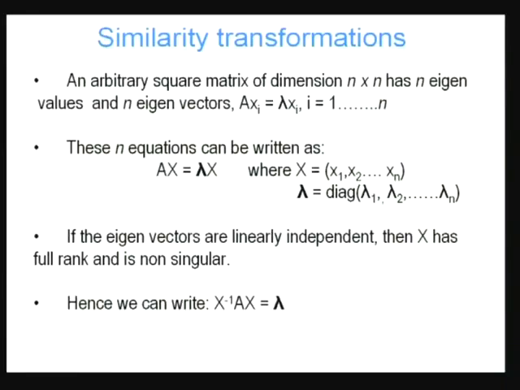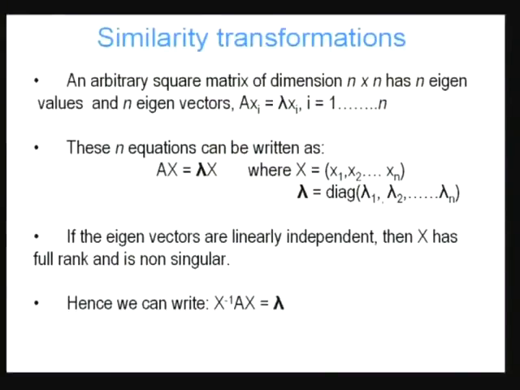An arbitrary square matrix of dimension n by n has n eigenvalues and n eigenvectors, each of which satisfy the relation A x_i is equal to lambda_i x_i. If we combine all these n equations together, we can write them in matrix form as AX is equal to X lambda, where now X is no longer a vector. X is a combination of all those eigenvectors.